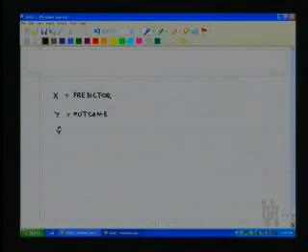And Y hat, Y with an inverted V over it, which is the predicted value of the outcome variable.